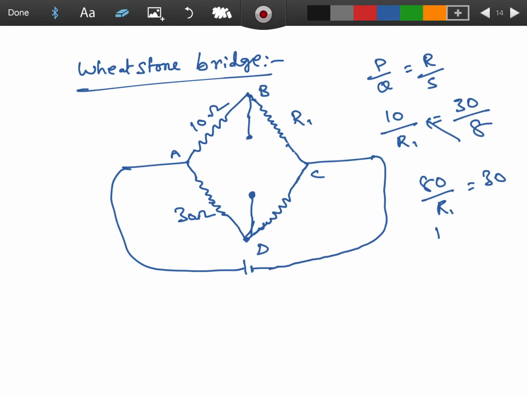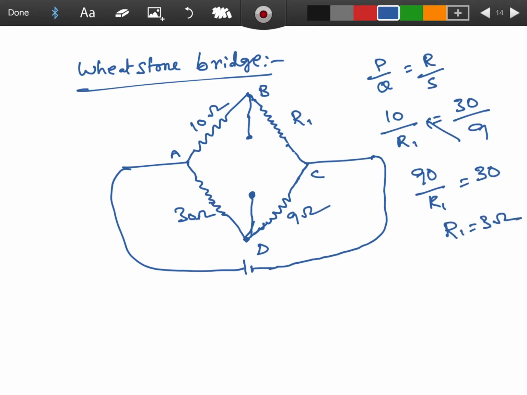This is not 8, this is 9 ohm. Then R1 should be 3 ohm. See, then if R1 is 3 ohm, this bridge is balanced.